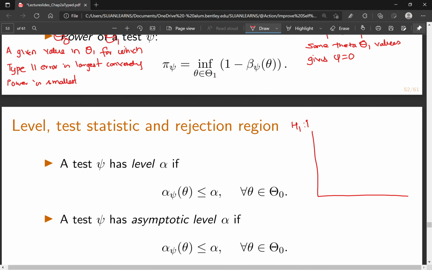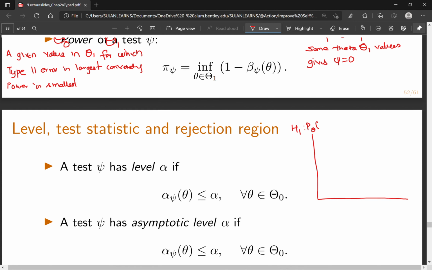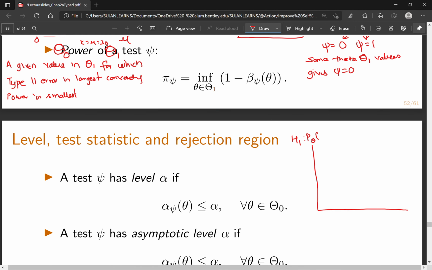H1, where the test statistic is equal to 1. This is the probability of showing you the positive hypothesis.